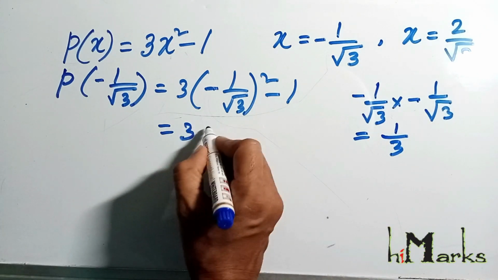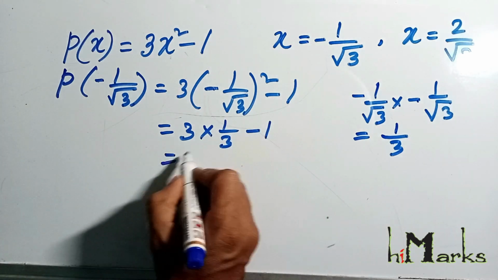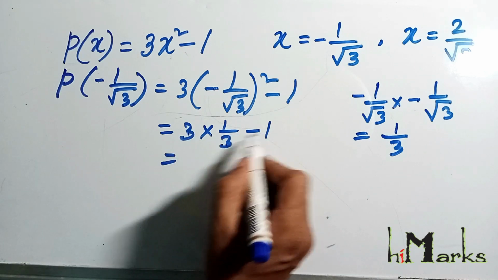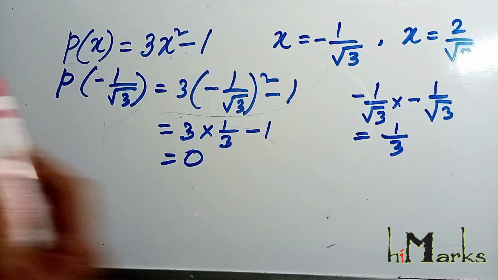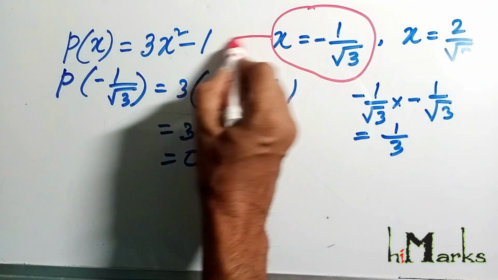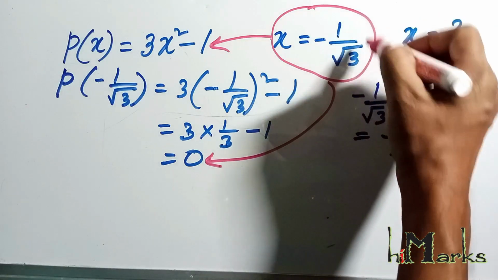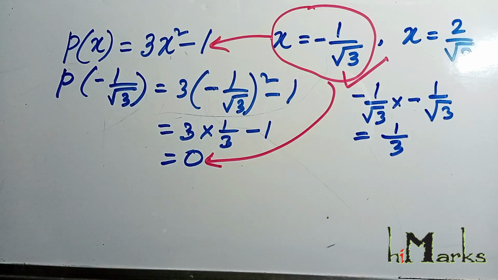So 3 into 1 by 3 minus 1, 3 and 3 get cancelled, so it becomes 1 minus 1, so it becomes 0. So that means if you replace x equal to minus 1 by root 3 in this equation, you get zero here. So we can say that this is a zero of the polynomial.